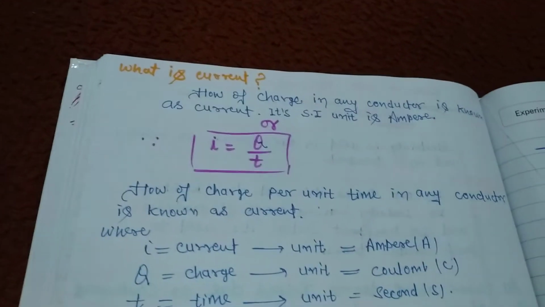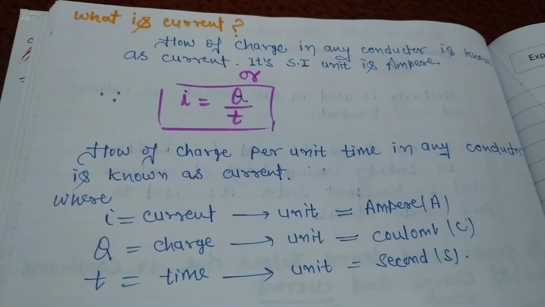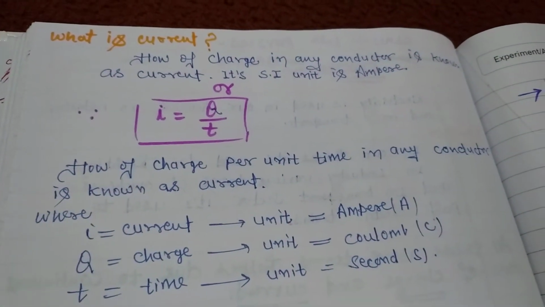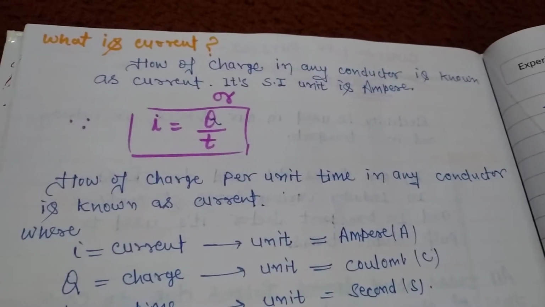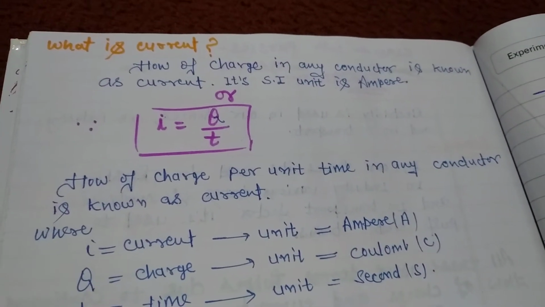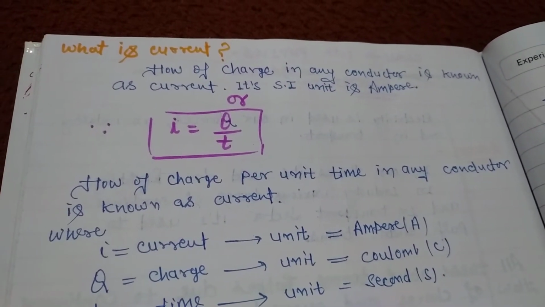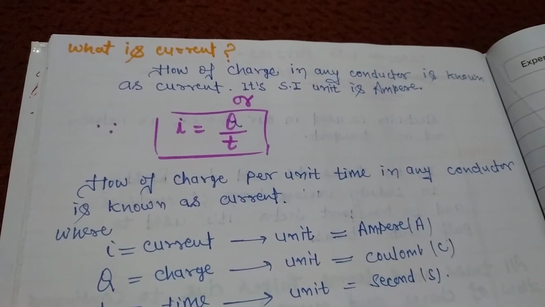Dear students, after this, we define what is the meaning of current and what is the difference between charge and current. In the definition of current, you can explain flow of charge in any conductor is known as current, and its SI unit is ampere.